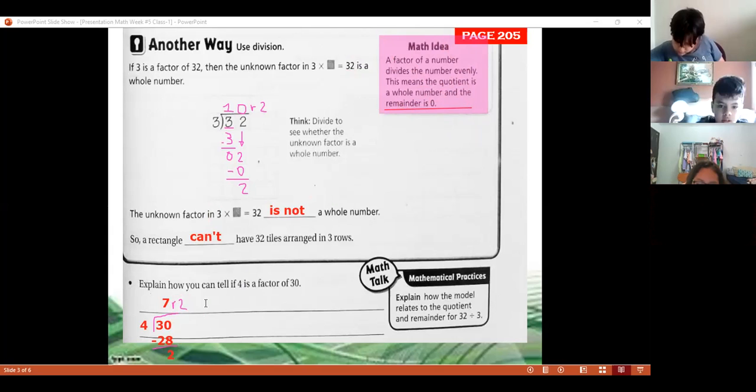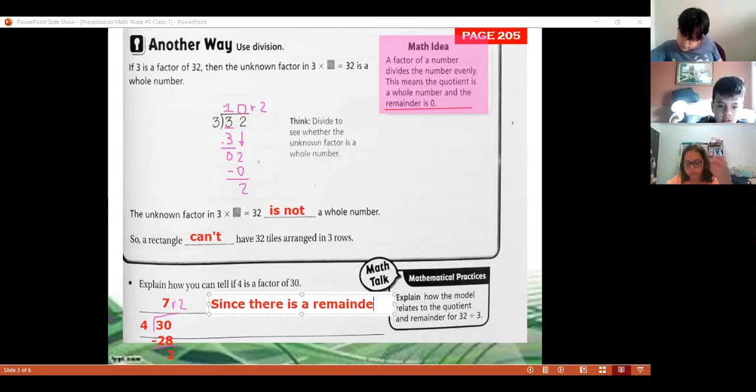So let's write the answer here. The answer is: since there is a remainder, 4 is not a factor of 30. That is the answer, class.